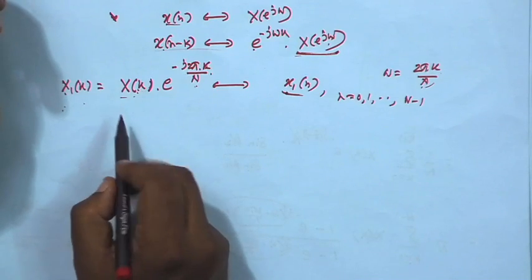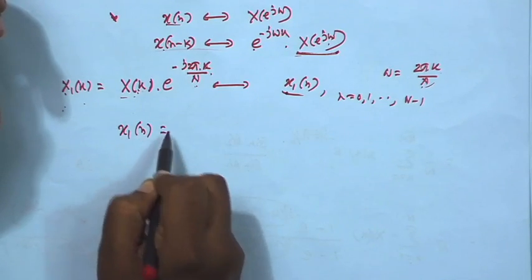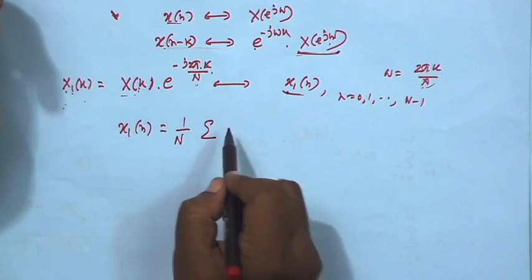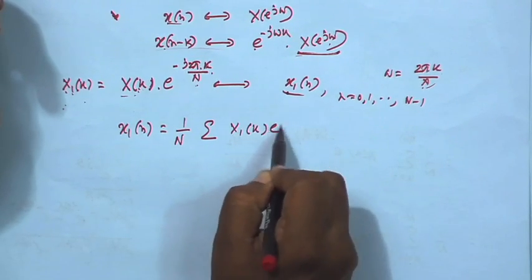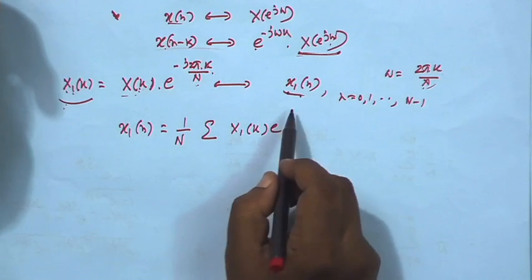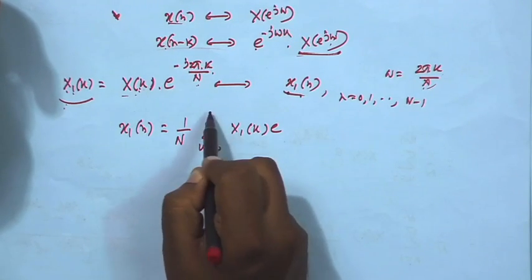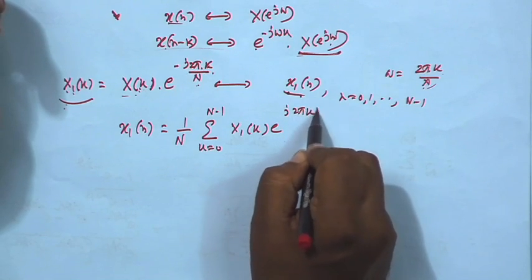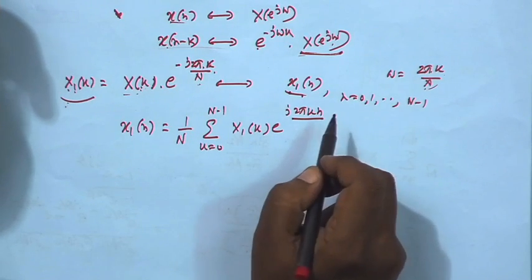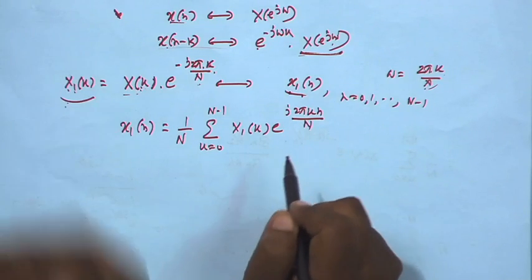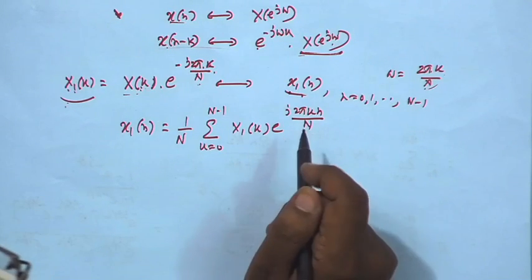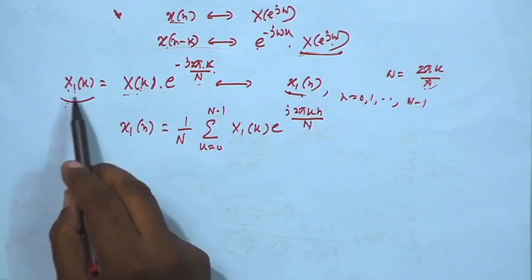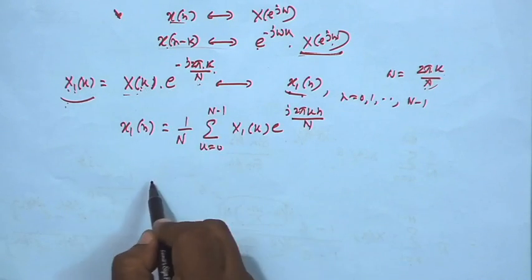Fine. So, x 1 n will be the inverse DFT of this, that is how I got x 1 n, inverse DFT of capital X 1 k. Isn't that the definition I got from here only. But x 1 k for any k is this.